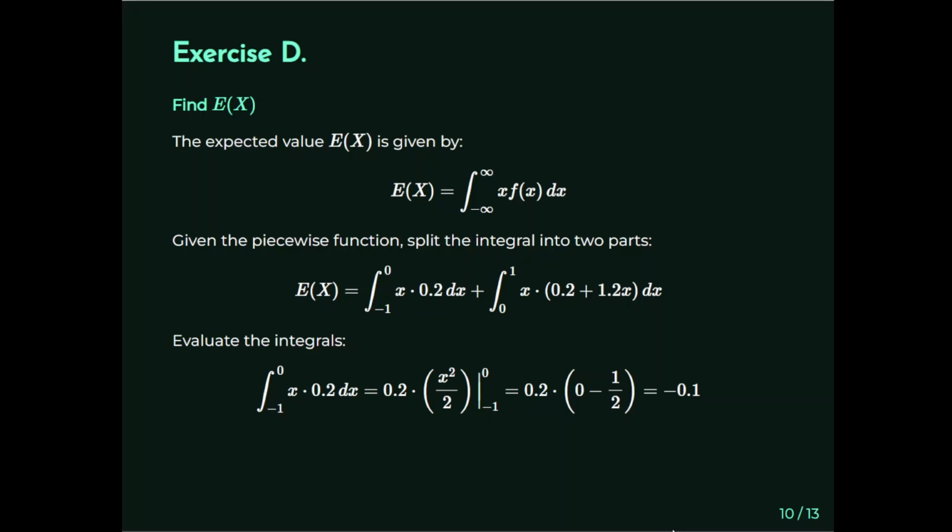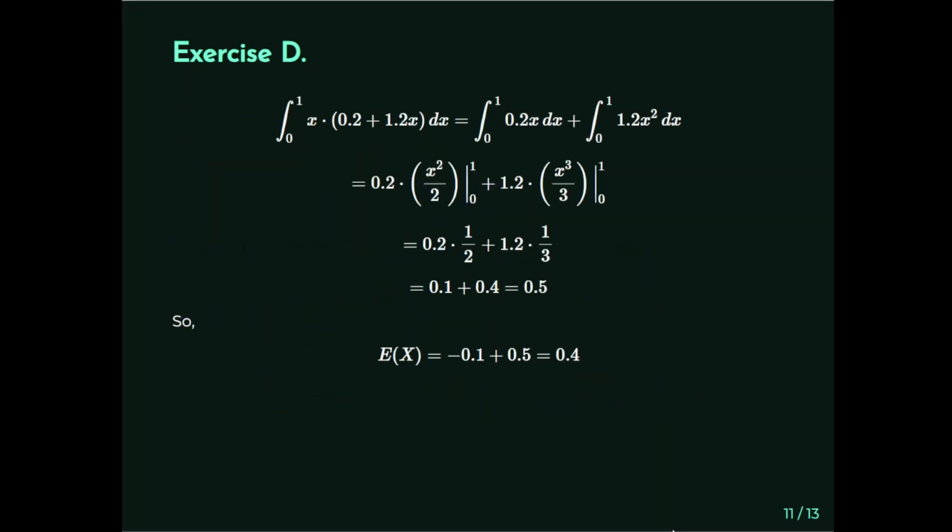So let's look at the positive component here. The integral of x times 0.2 plus 1.2 times x. Okay, we can also split this up into two terms. So we have the integral of 0.2 times x plus the integral of 1.2 times x squared. And we're evaluating both of those between 0 and 1.